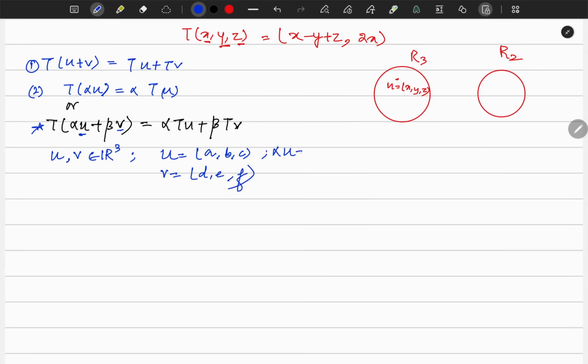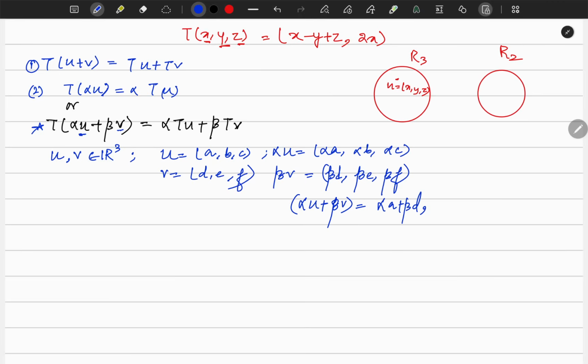Alpha u will be equal to (alpha a, alpha b, alpha c), and beta v will be equal to (beta d, beta e, beta f). So alpha u plus beta v will be equal to (alpha a plus beta d, first coordinate with the first coordinate, alpha b plus beta e, and alpha c plus beta f).